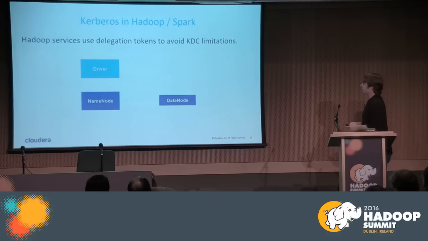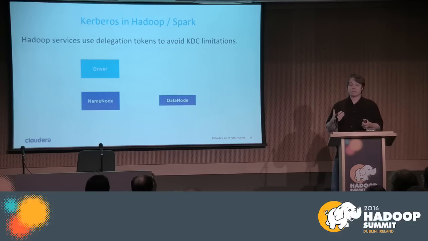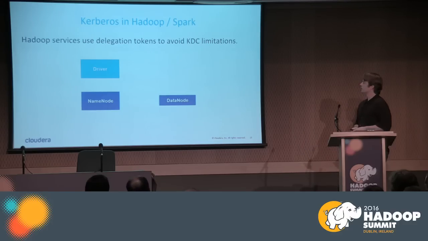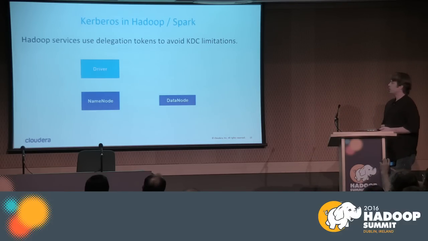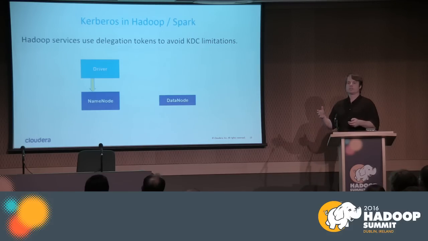So basically, Hadoop created a different way of authenticating using Kerberos to work around this KDC limitation. In Hadoop, your driver program will talk to, for example, in the HDFS case, the name node and request a delegation token. The driver is the only node that needs to talk to the KDC.